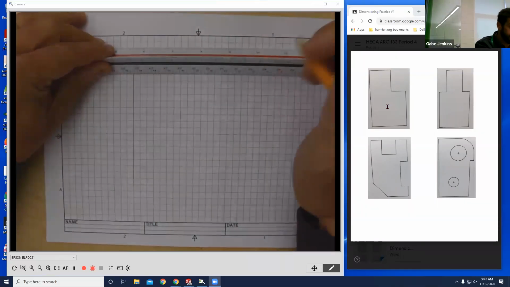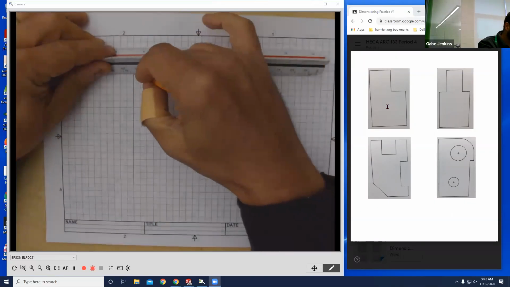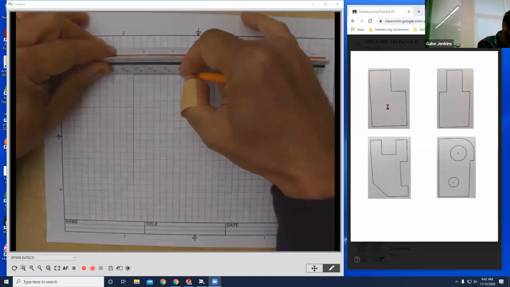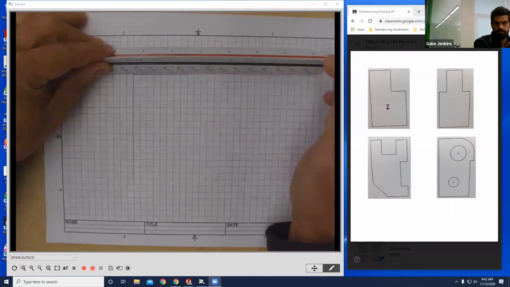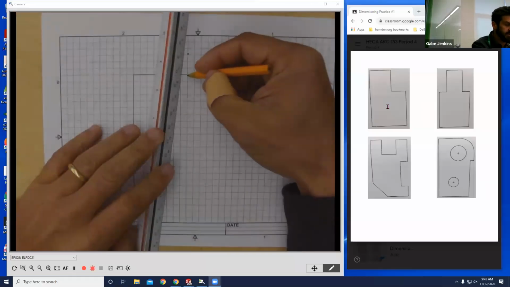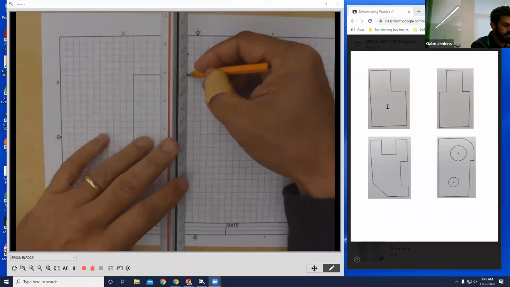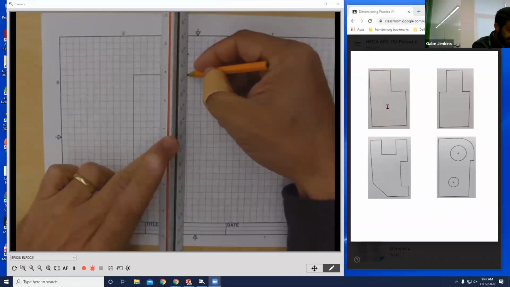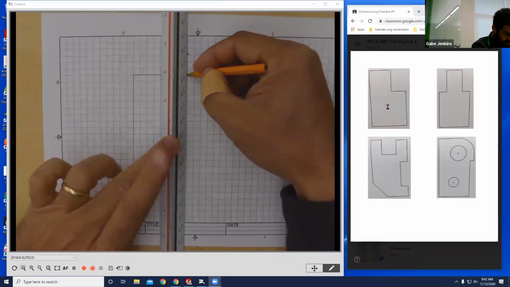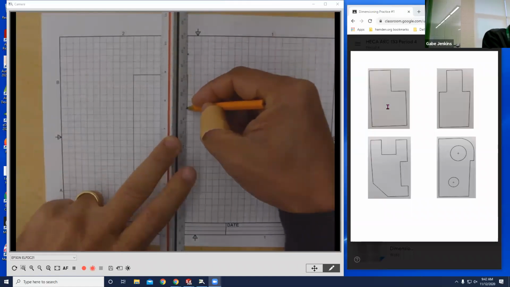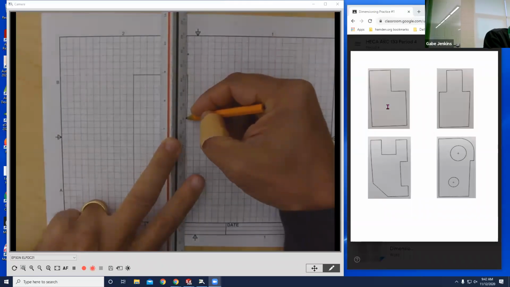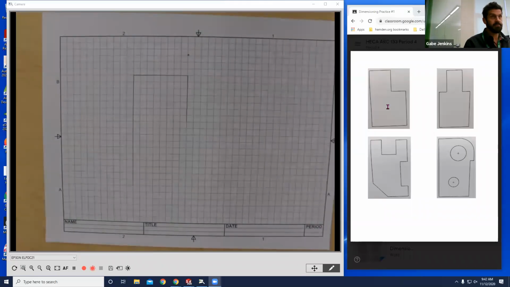How much does it go over? It goes over about that much. Maybe about that much. Then it comes down. And it comes down not quite halfway, so it goes down maybe to like, I don't know, something like that.